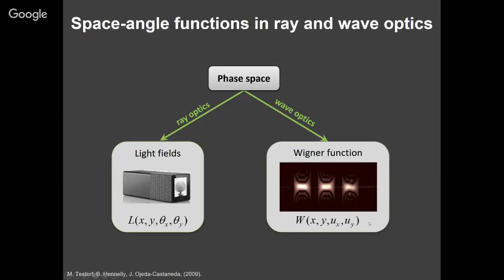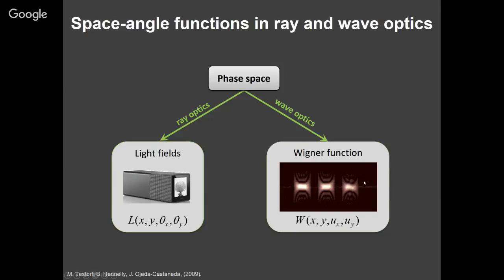Within phase space, light fields are basically the space-angle functions for ray optics. So they assume incoherent ray optics only. Everything's geometrical optics. They can't account for any wave optics. People have tried to add wave optics to light fields, but there are already lots of constructs or functions that you can use to describe space-angle functions if you have wave optical models. The Wigner function is the most popular, but there are lots of different choices here.